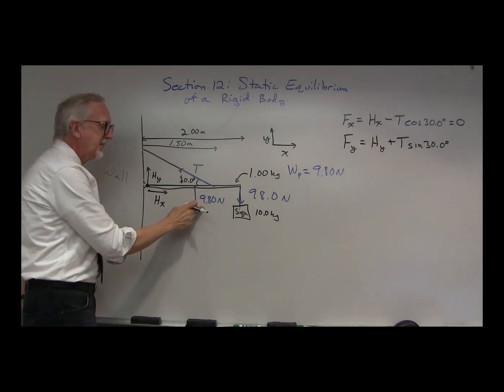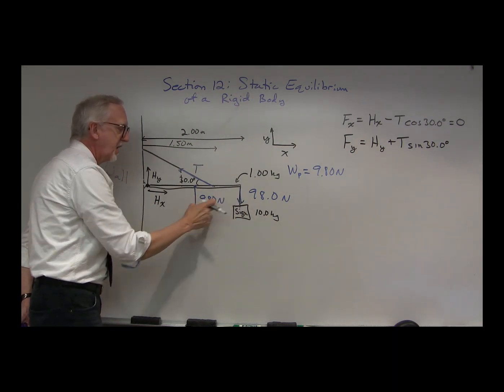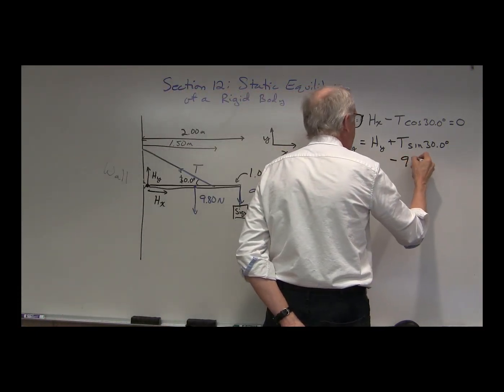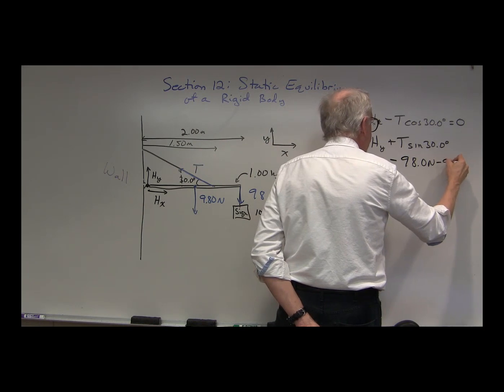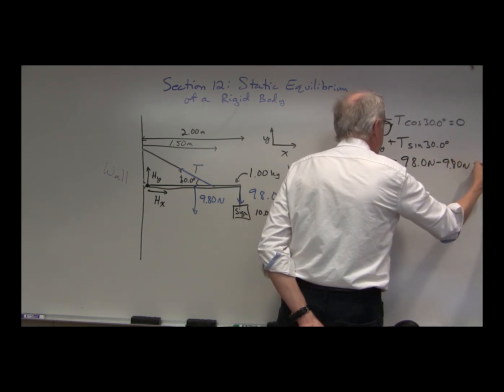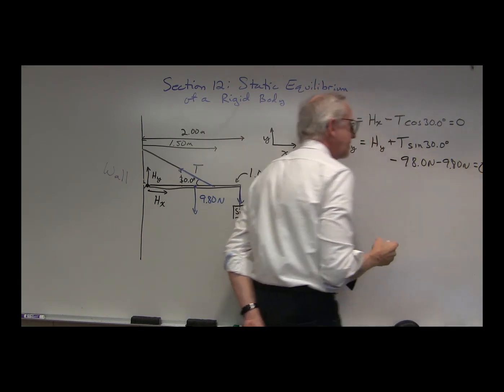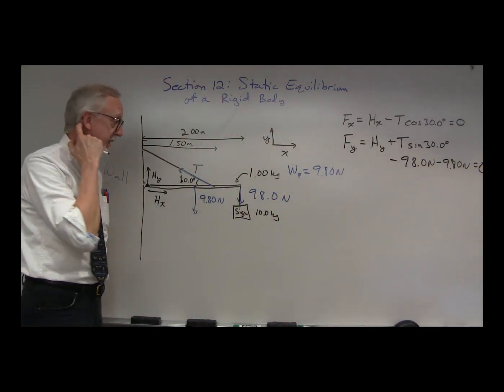But then we'll have the weights of the pole and the weight of the sign, both in the negative y direction. So we'll have minus 98.0 newtons minus 9.80 newtons. And what does all that have to equal? That all has to equal 0. 0 net force in the y direction.